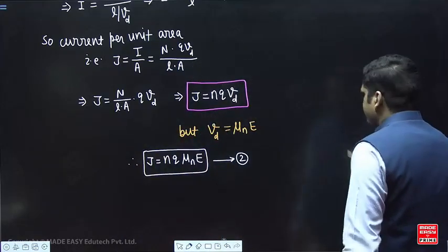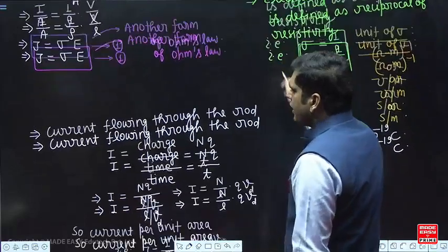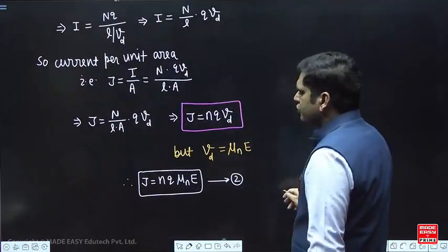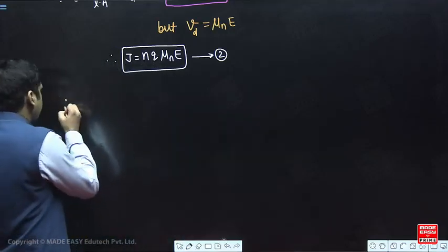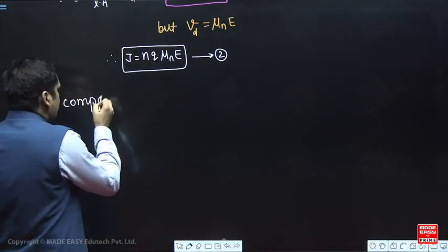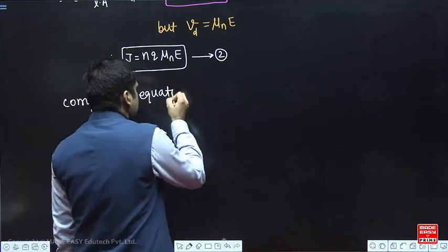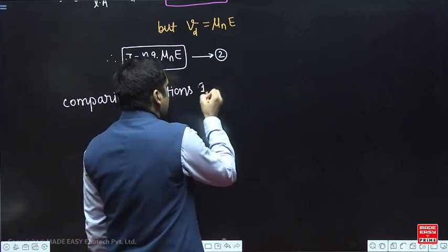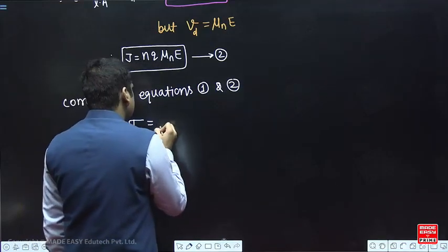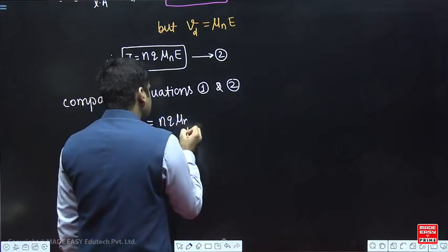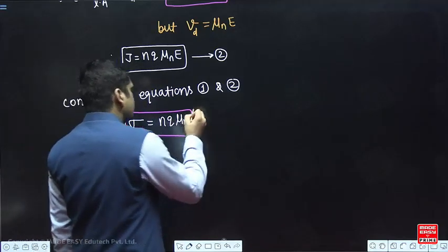Now we have two equations: one, J is equal to sigma E, and another, J is equal to nq mu n into E. If I compare these two equations, comparing equations 1 and 2, sigma is equal to nq mu n. This is the conductivity of a material.